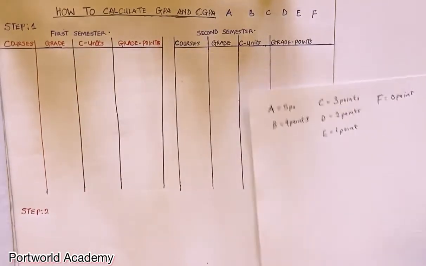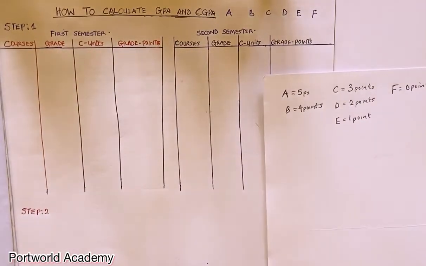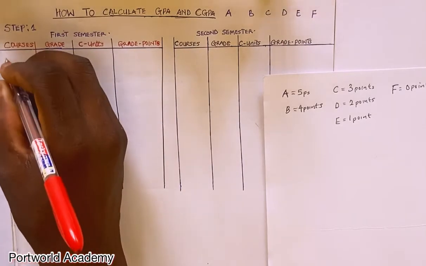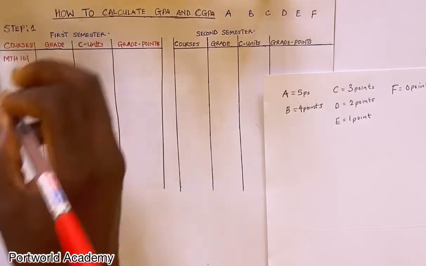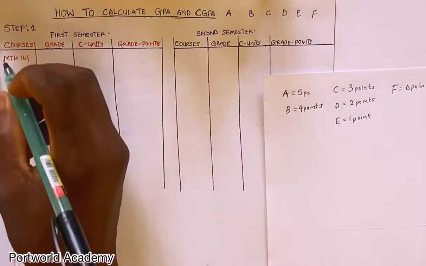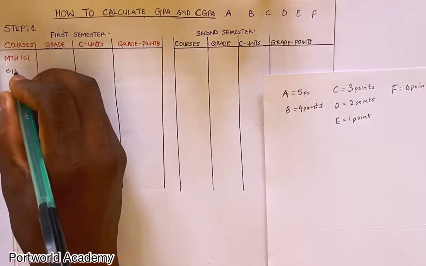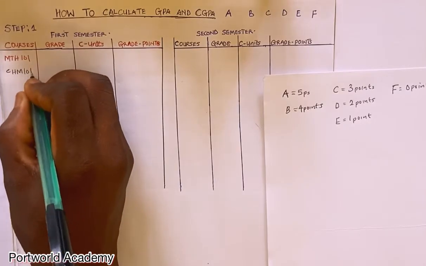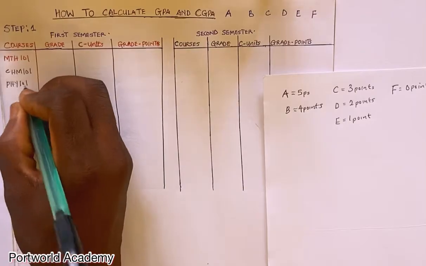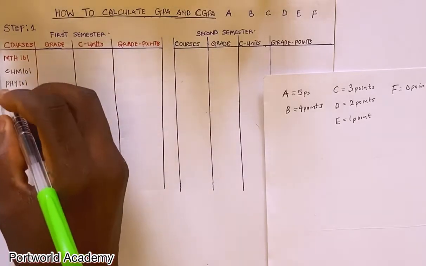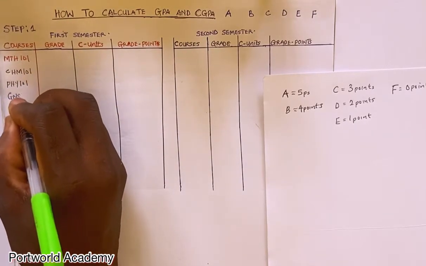Now let's go ahead. Let's say a student of Osun State University, a 100 level student, is offering MTH 101, CHM 101, and Physics 101 as well. And let's say GNS is also part, GNS 101.